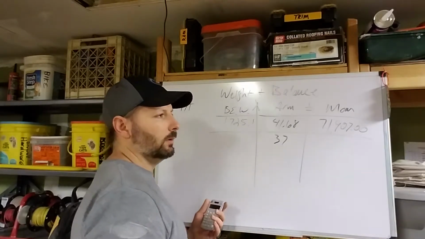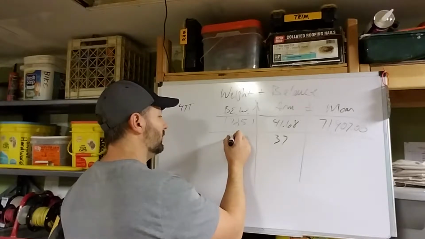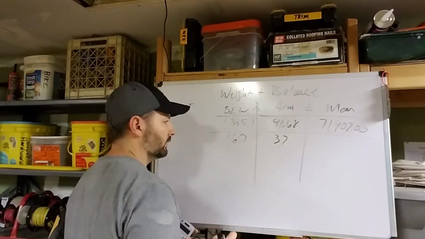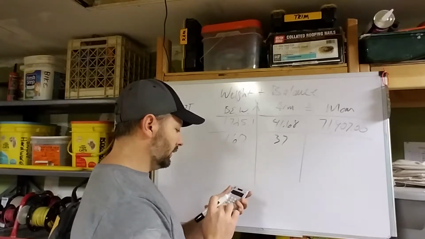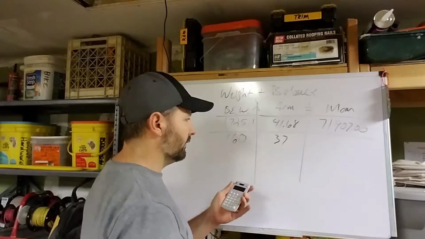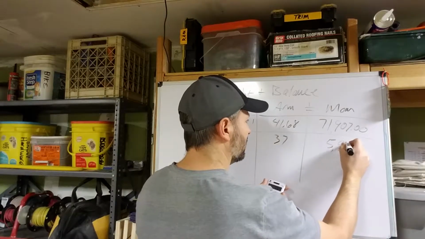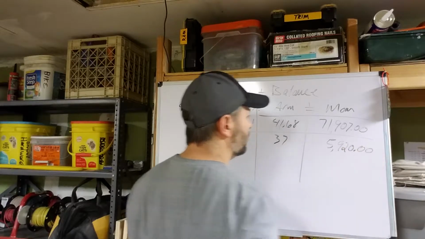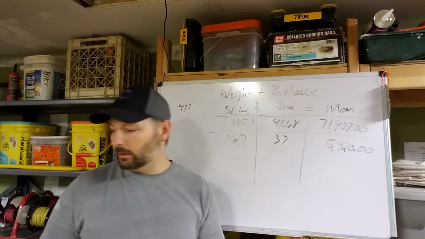So say the average is like 160 or 180. Let's just go with 160, right? So then we multiply 160 times 37. We get 5,920.00, right?